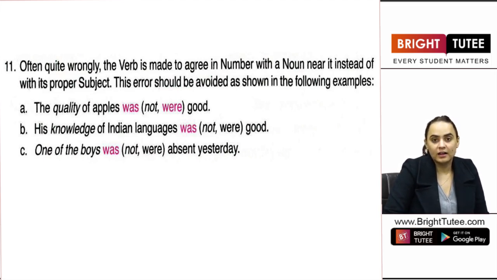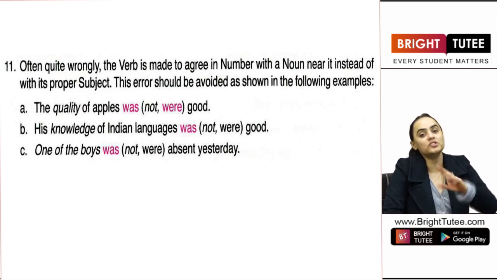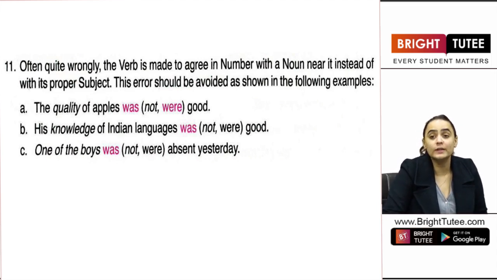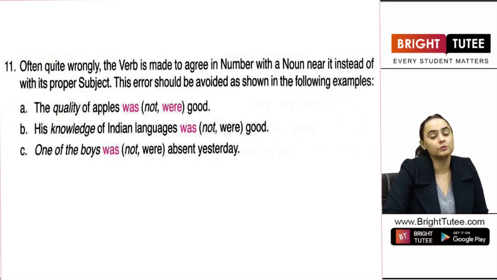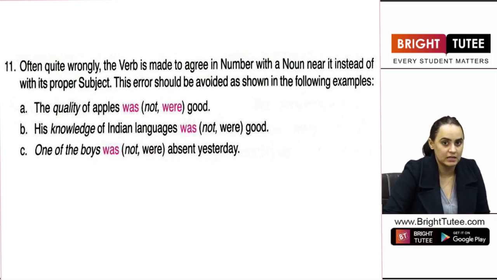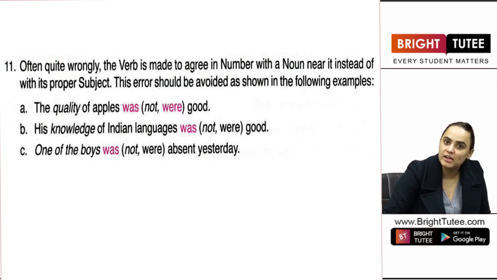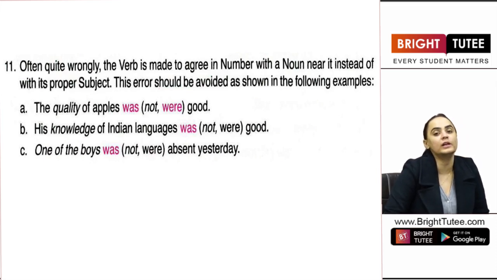That, in a sentence, the verb is made to agree with the noun which is near to it, not with the subject of the sentence. Therefore, it is very important for us to first understand what is the subject in the sentence. Whatever is the subject in the sentence, the verb will have to agree with it.